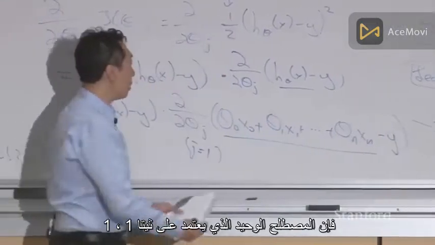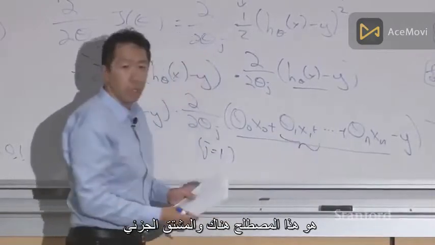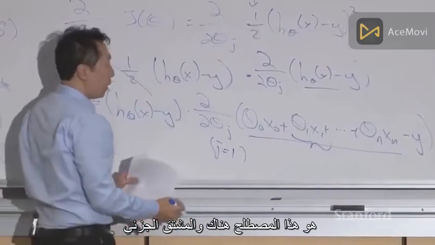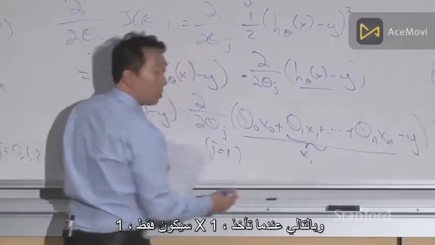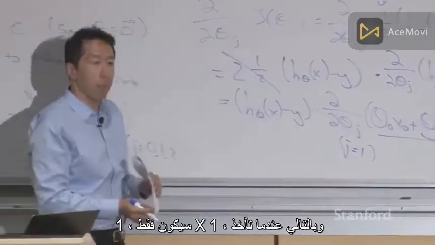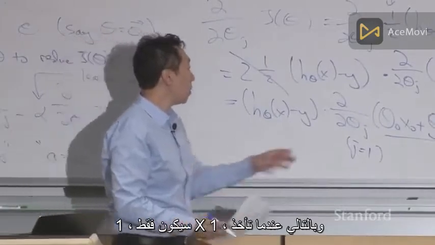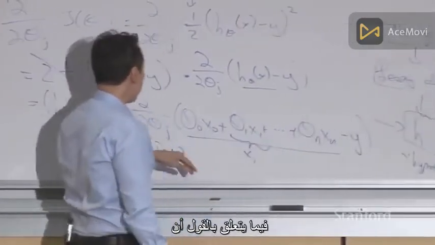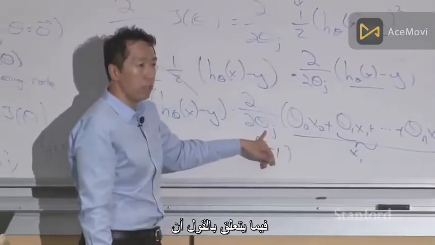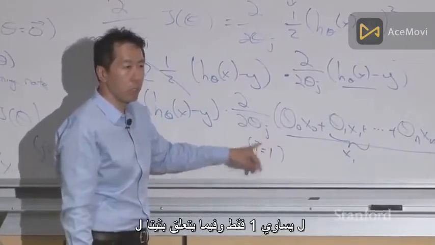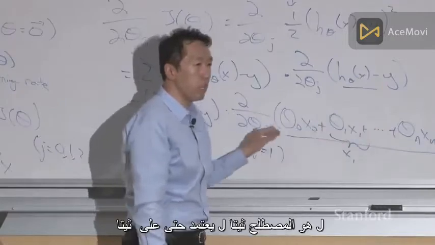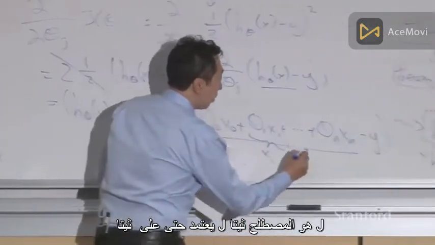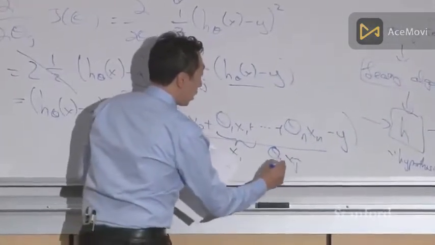The only term that depends on theta 1 is this term over there, and the partial derivative of this term with respect to theta 1 would be just x1. And so when you take the partial derivative of this big sum with respect to theta j in general, the only term that even depends on theta j is the term theta j xj.